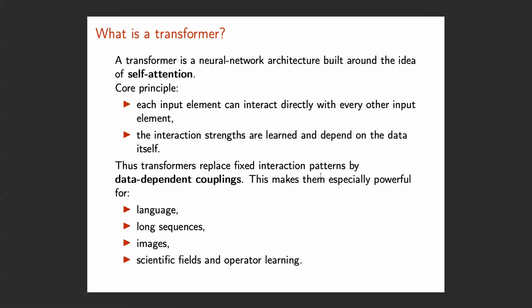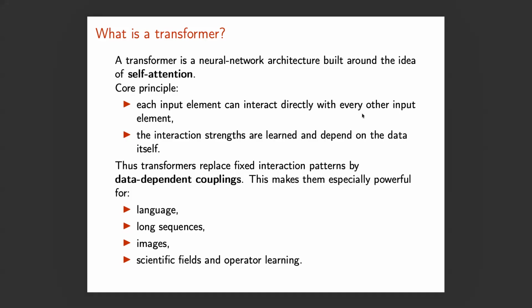It's a neural network architecture built around the idea of self-attention. I'm going to explain to you roughly what this self-attention is and what kind of parameters you need to train. Each input element can interact directly with every other input element.